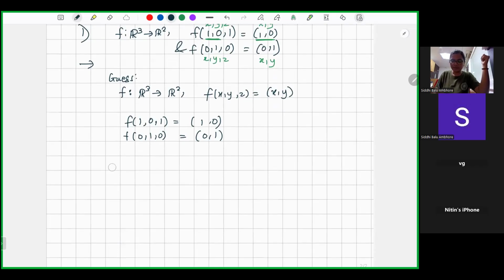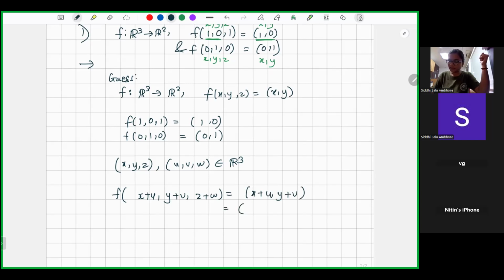If I take (x, y, z) and (u, v, w) in R3, then F of the addition of these two vectors is F of (x plus u, y plus v, z plus w), which equals (x plus u, y plus v). Separating them, this is (x, y) plus (u, v), which is F of (x, y, z) plus F of (u, v, w).